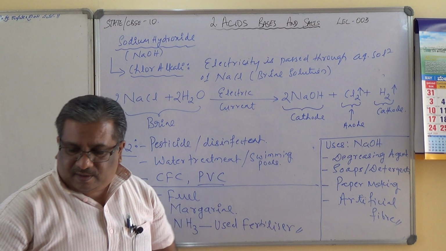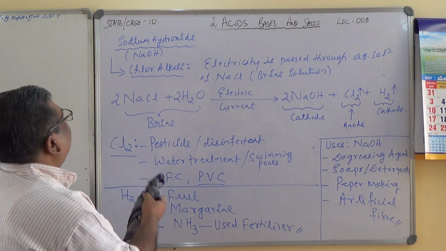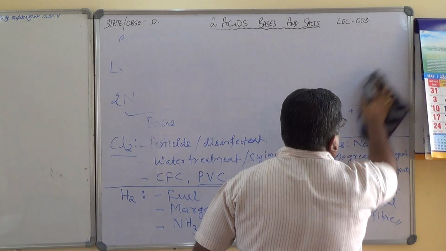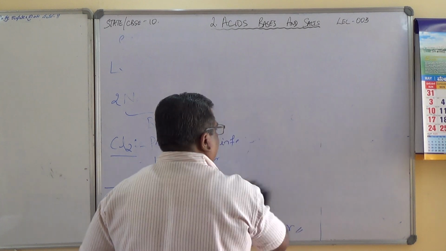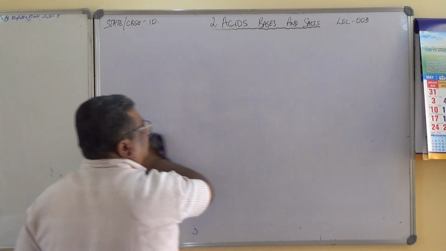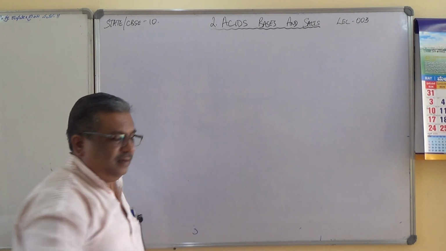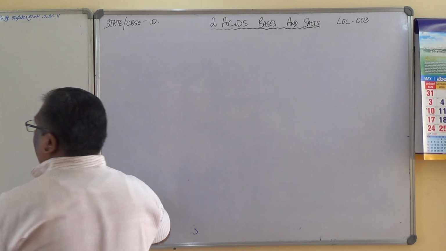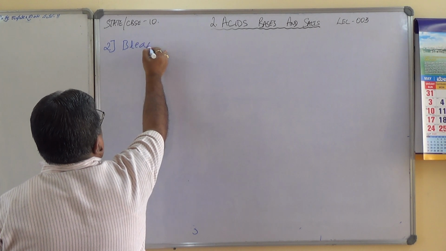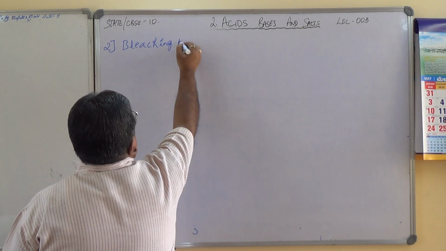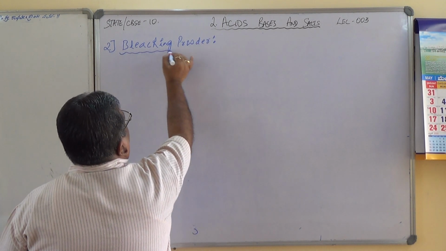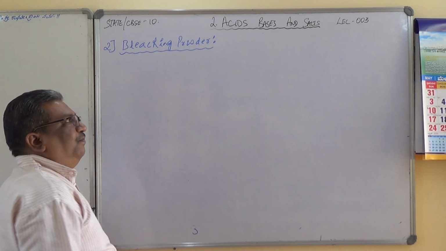Next we will go to the second salt, which I will list down now. Second one, it is bleaching powder. Bleaching powder is a common name.